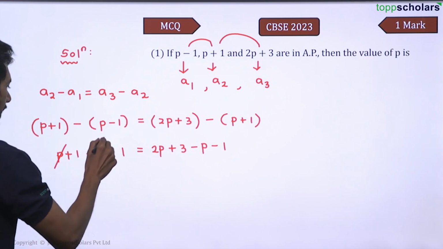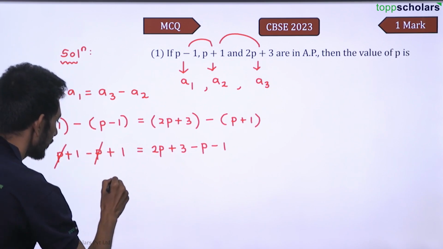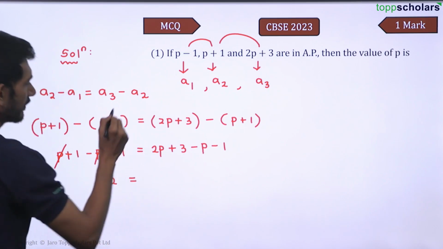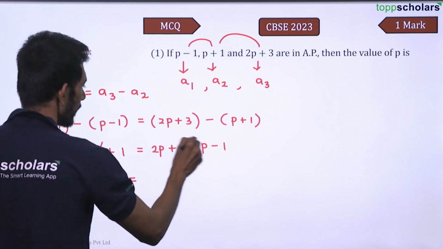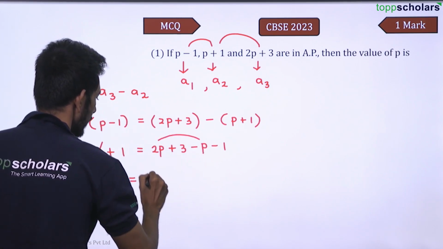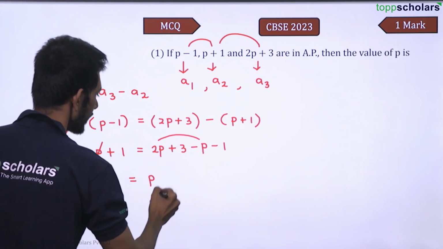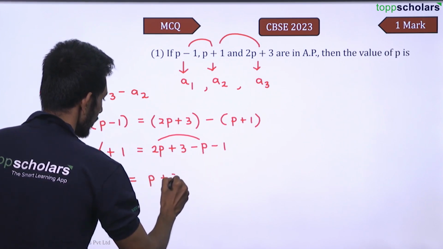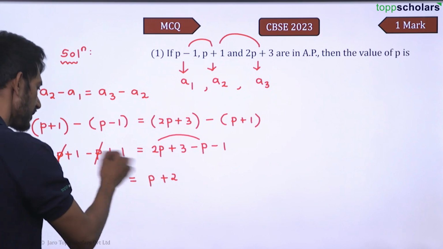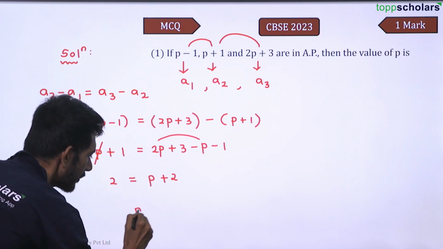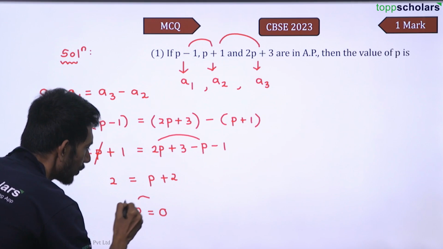So P and P get cancelled. 1 plus 1 is 2, is equal to 2P minus P is P. 3 minus 1 is 2. So if I shift 2, can I say the value of P will be equal to 2 minus 2, that is 0.